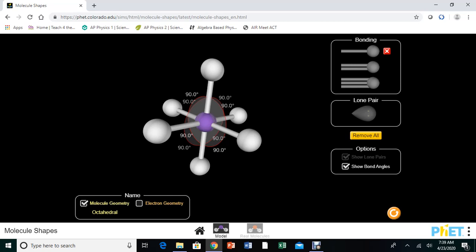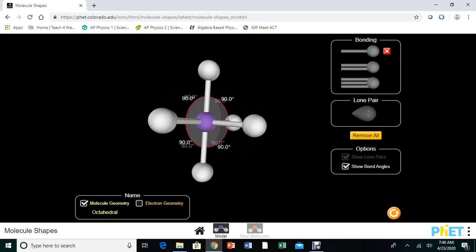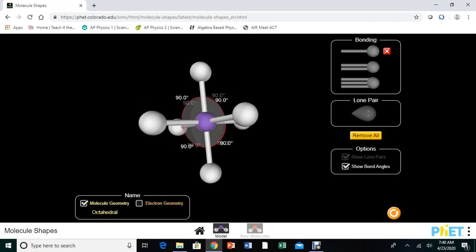So that is, the lone pairs decrease the bond angle more. And so it doesn't show it in this demonstration, but the lone pairs do repel the other bonded atoms more.